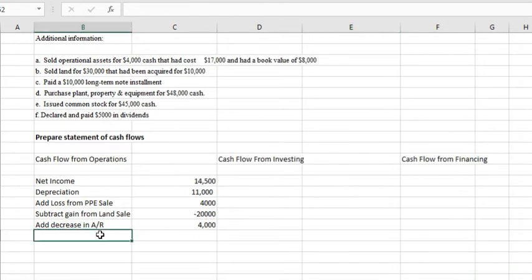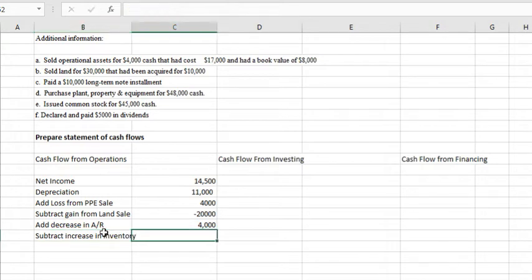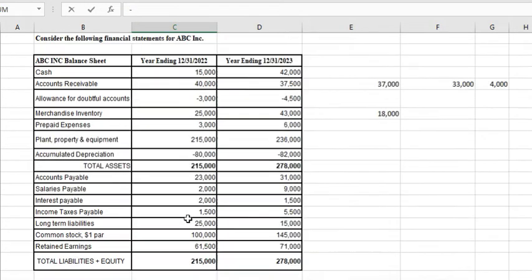And if you are not sure why we are adding decreases in current assets and subtracting increases in current assets, I highly recommend watching the previous videos where I showed actually why those are happening. So subtract increase in inventory. That's going to be in the amount of $18,000.